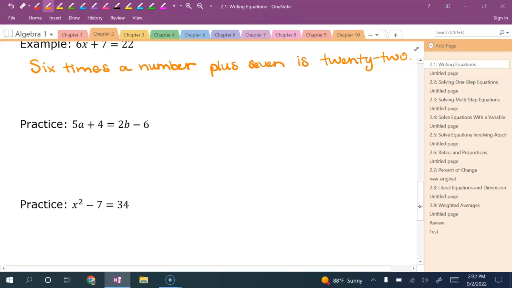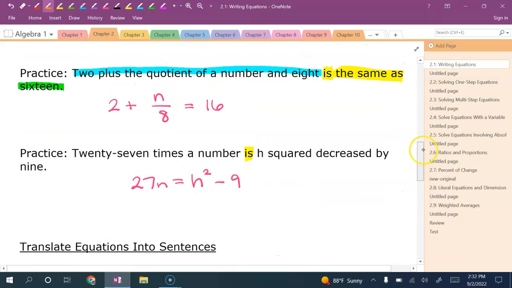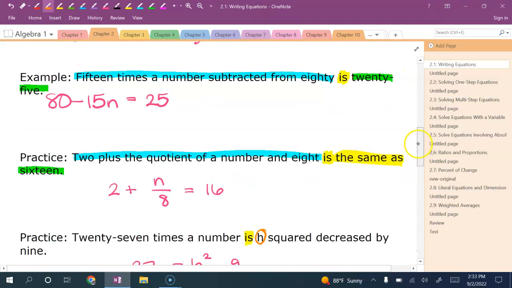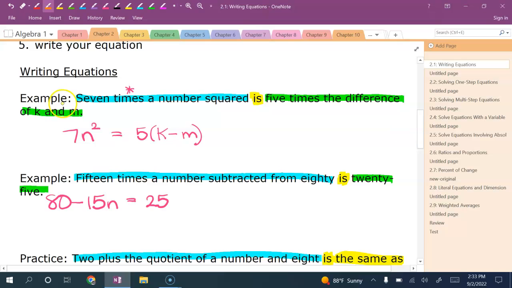So for this first one, the way you could have done this, and it doesn't have to look exactly like mine to still be considered correct, I wrote 5 times a number plus 4 is, now I have another variable here, and we did see in some of these up here that they were using like the letter H, and I think up here they had that K and M on that first example.